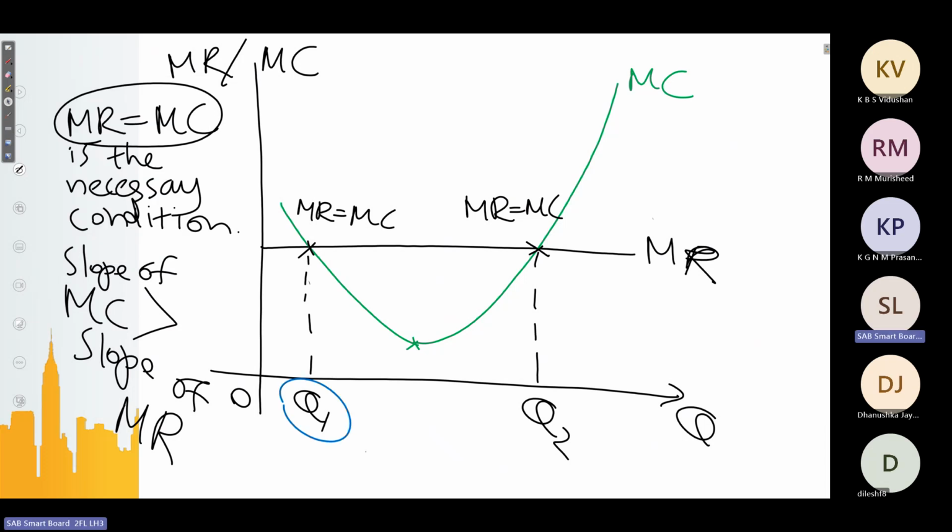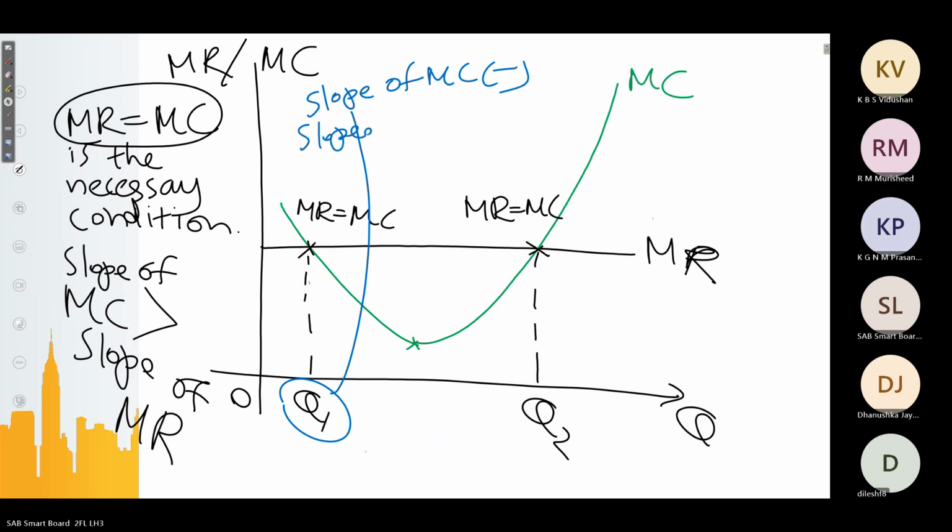At Q1, slope of MC is negative. Slope of MR is not positive. It's 0.